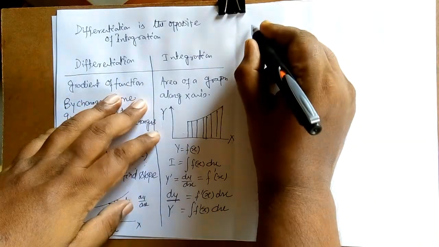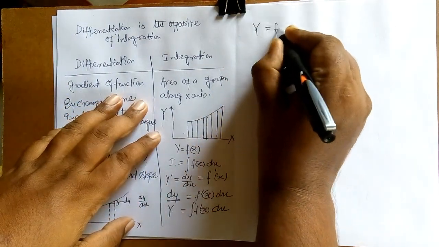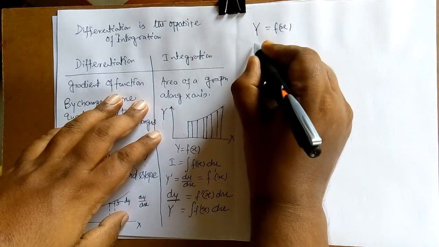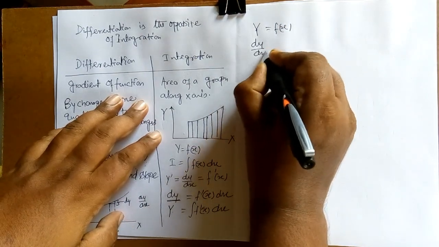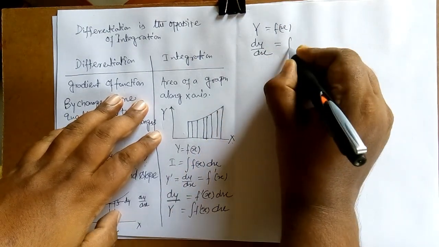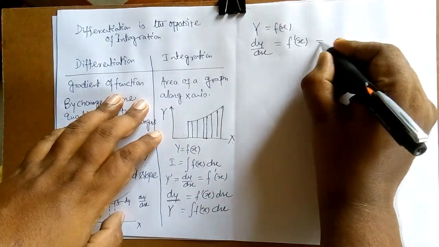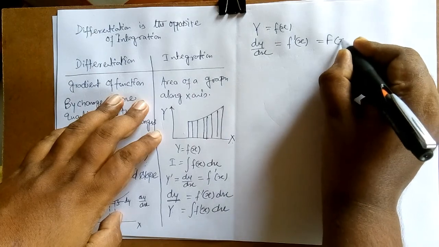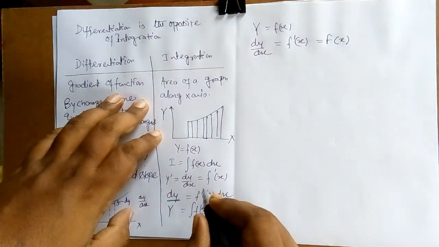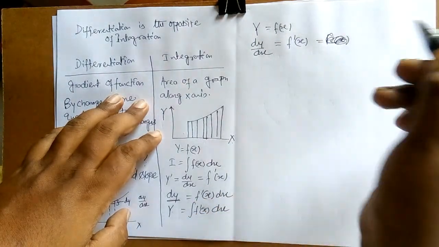I'm doing it again: y is a function of x. If I differentiate, that is dy by dx, it will give another function, that is f dash x. Sometimes we have to write it as capital F of x, or f dash x is the general thing we have used.